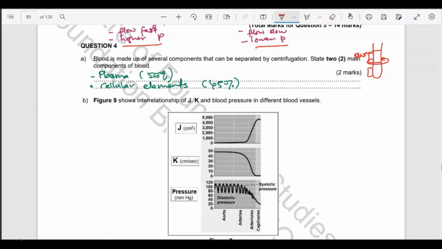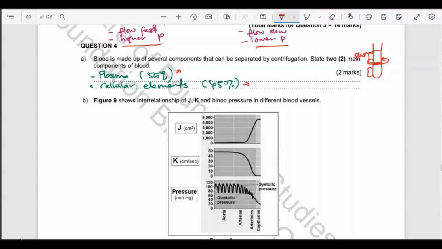The plasma moves quickly. And as for the cellular elements, it has the platelets.